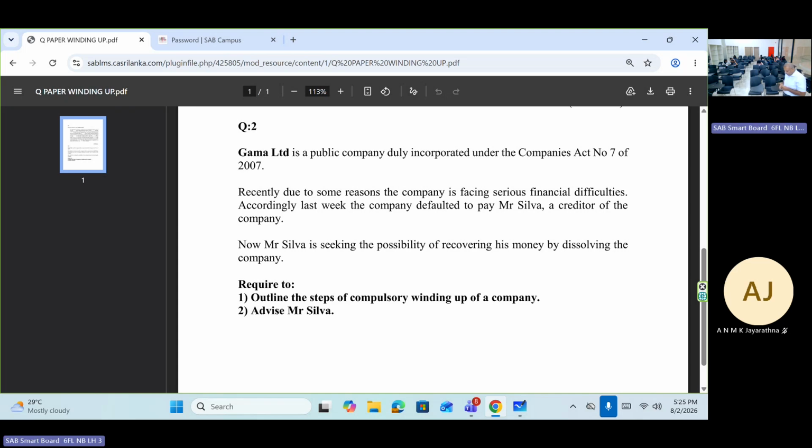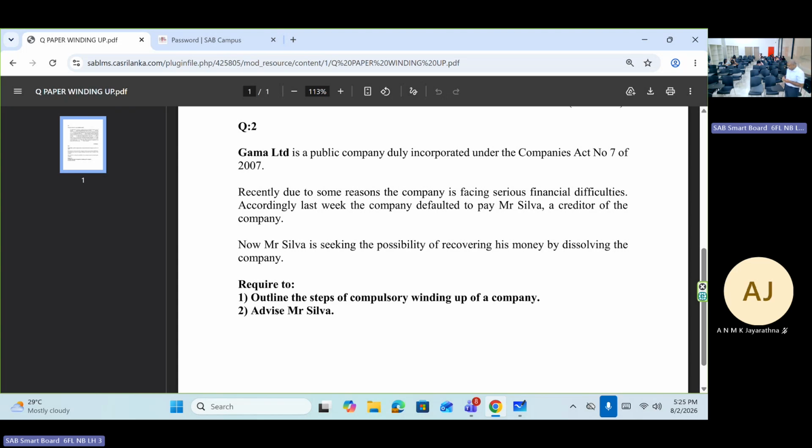Provisional liquidator until the winding up order is given.